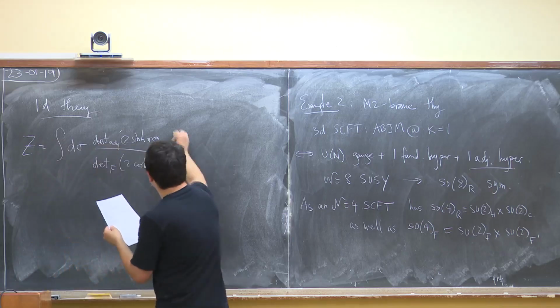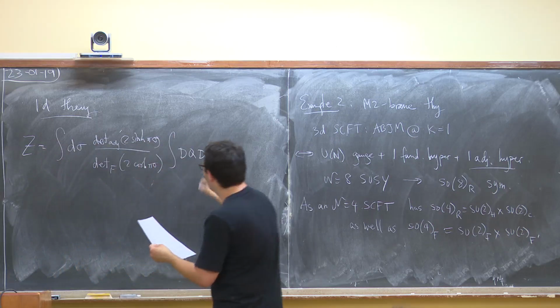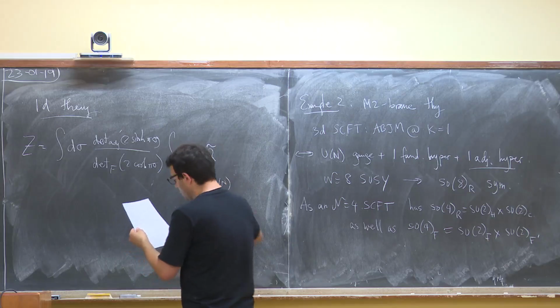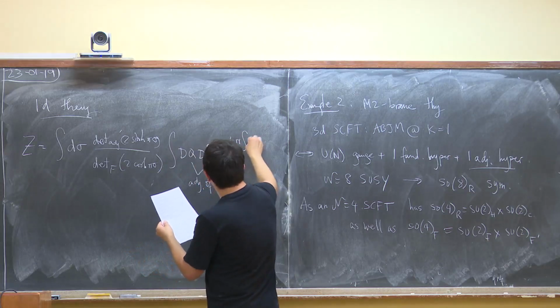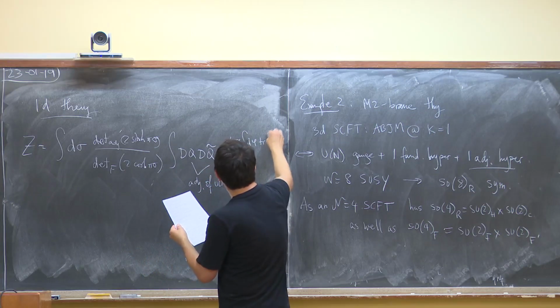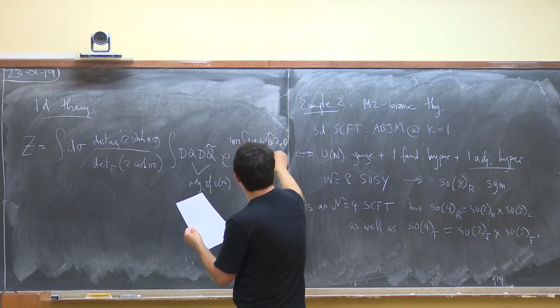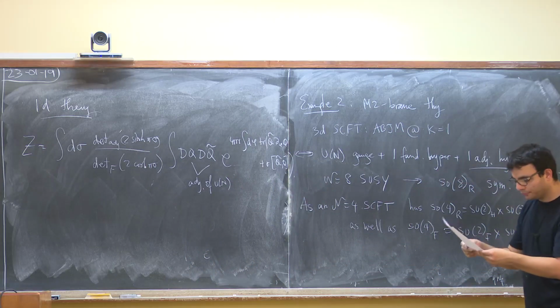And then I have a theory of these q's and q tildes that are associated with the hyper. So these are both adjoints of U(N). And I have an action, e to the 4 pi r d phi trace q tilde d phi q plus sigma, the commutator between q tilde and q. This is what it comes down to. This is what the 1D theory is.